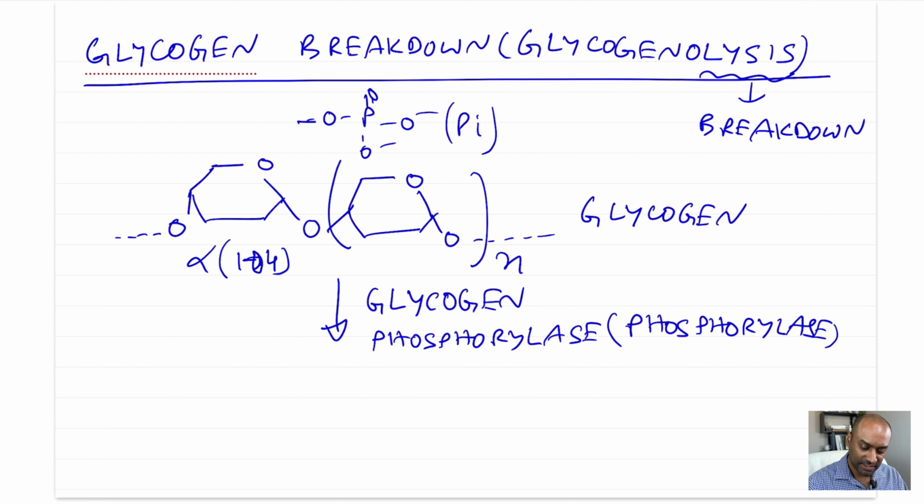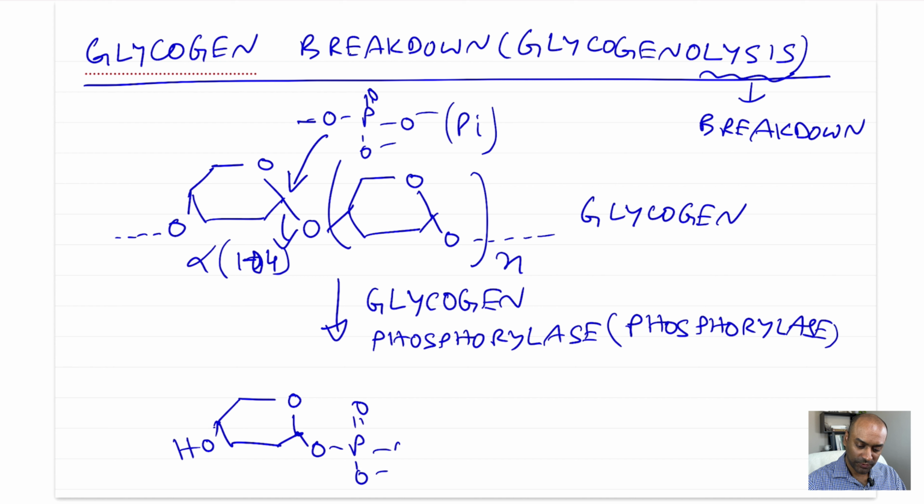So in the process, what we will make is this, our G1P, or glucose 1-phosphate, plus we will make a shortened chain of glycogen.